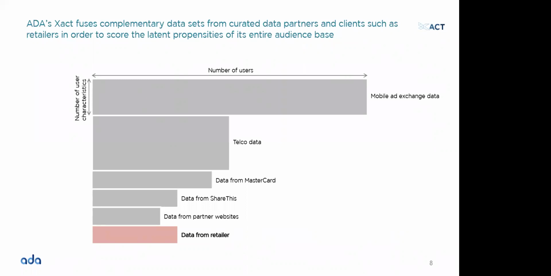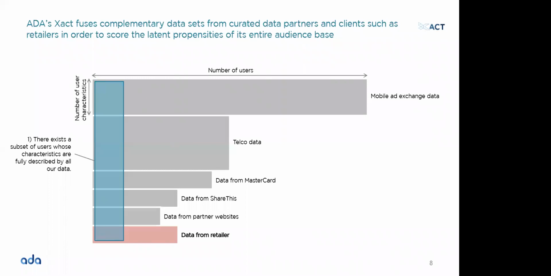Using this ID, we will have a subset of users whose characteristics are fully described by all of our data. So we can imagine a subset of users for which we know everything that can be known from the ad exchange data as well as the telco data.